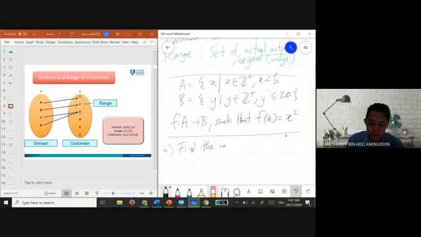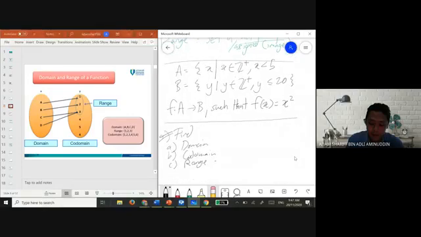Okay lah, satu-satu lah. Find codomain. I want you to list down the domain in a roster form, B codomain, and C the range.